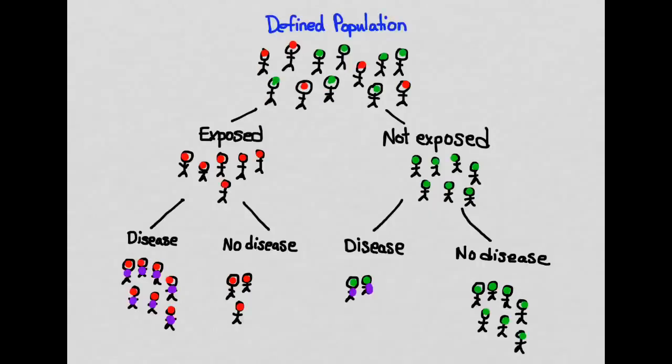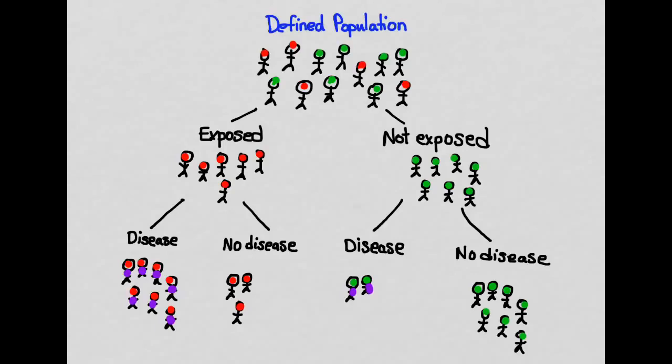So here you see that the exposed group and the non-exposed group have been further broken down into those who have the disease and do not have the disease. And you can see here that the proportion of diseased in the exposed group is higher than the proportion of diseased in the not exposed group.